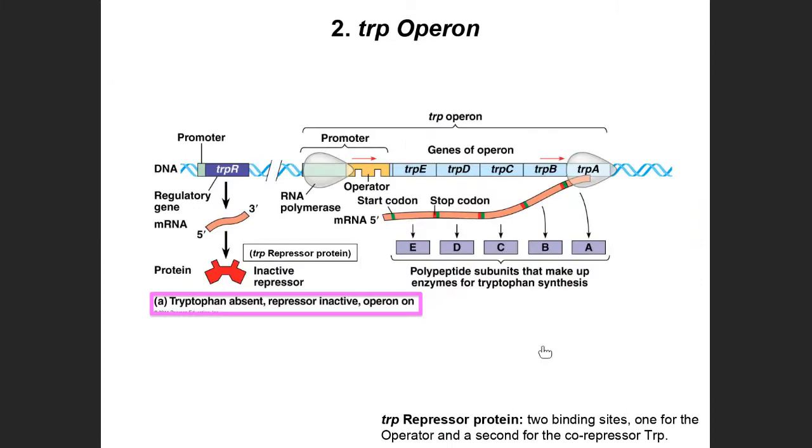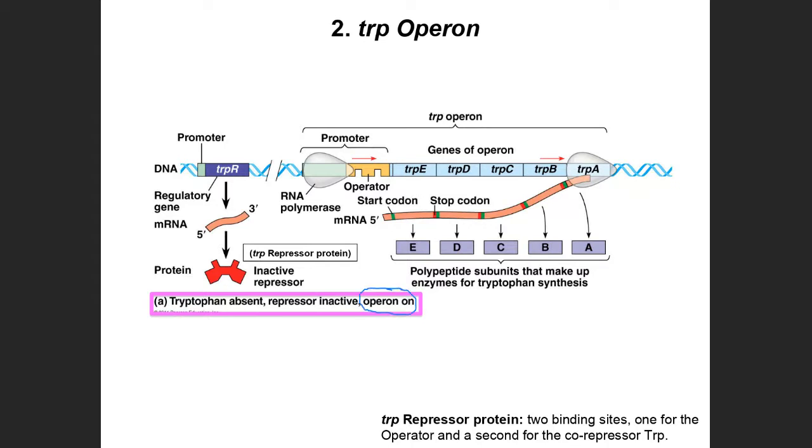So the way it works here, again, it's an operon. It consists of a promoter, an operator, and a group of genes, in this case 5 genes. You don't need to know the specific names, just know it's 5 genes. Since the trp operon is a repressible operon, that means normally gene expression of the trp operon is turned on.